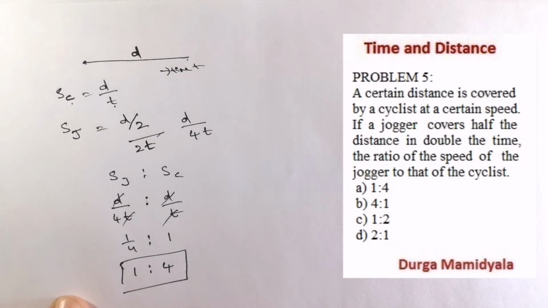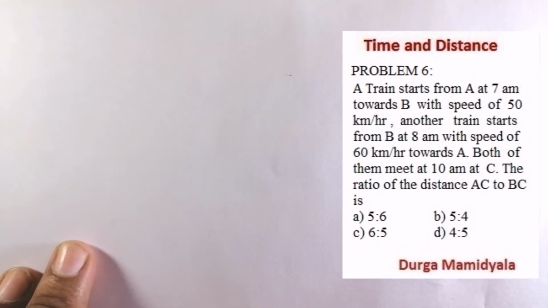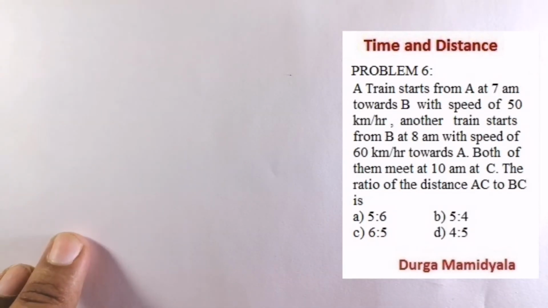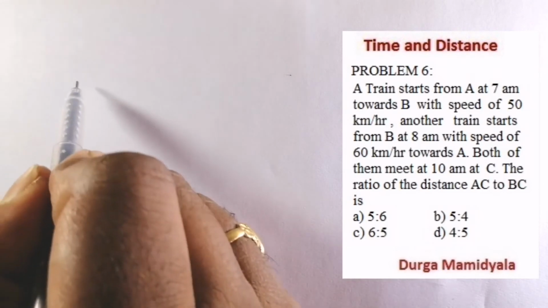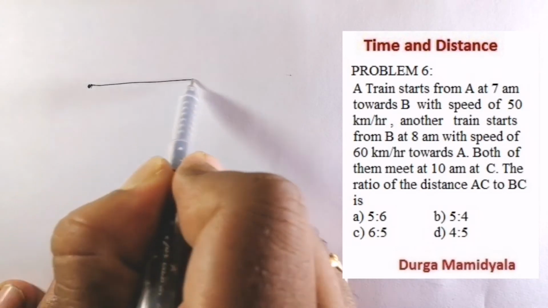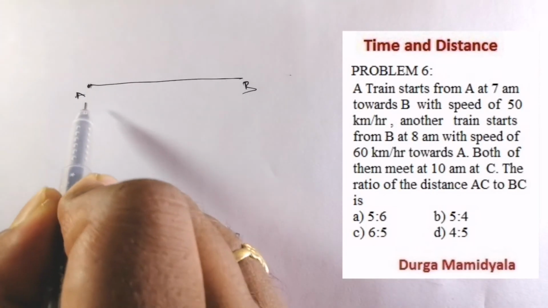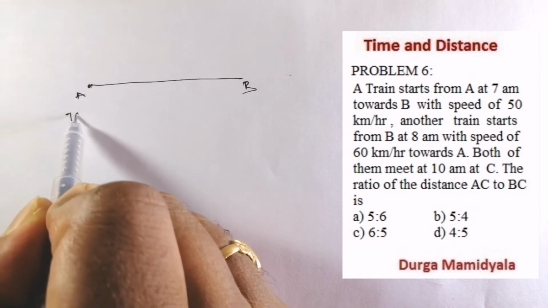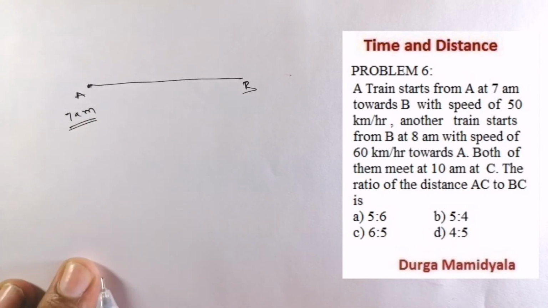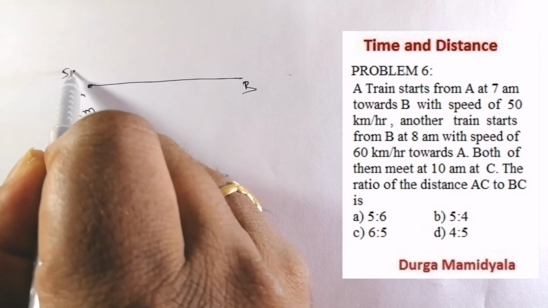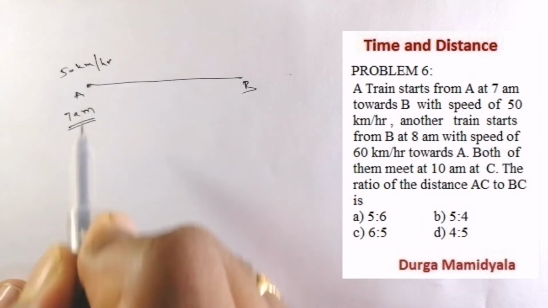So let us move to the next problem. A train starts from A at 7 a.m. towards B with a speed of 50 km per hour.